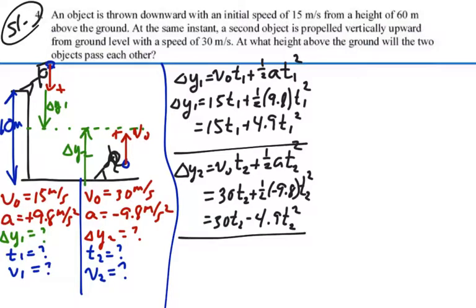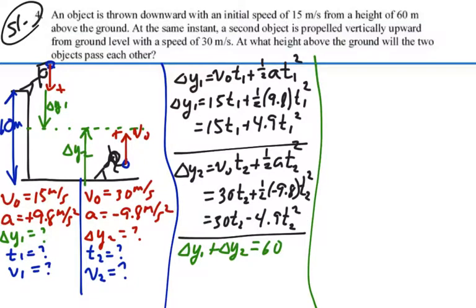Nice. Well, we know that these two displacements are going to equal 60, because if you add delta y1 as a positive value plus delta y2 positive value, that will traverse the whole height of 60 meters. We also know that t1 is equal to t2 is equal to t, because they're both simultaneously thrown. So let's say that all of our times are just t.